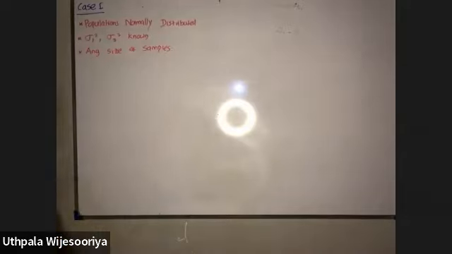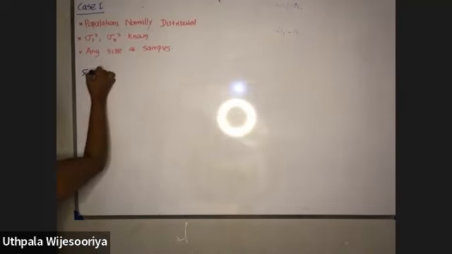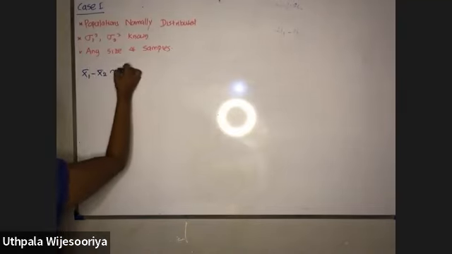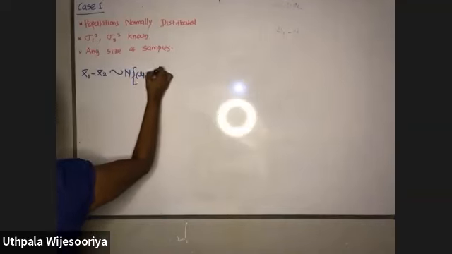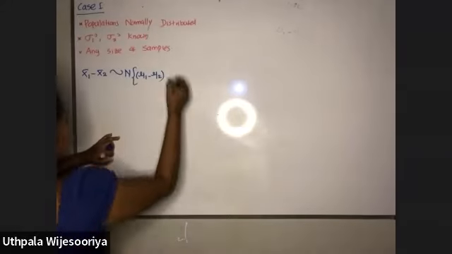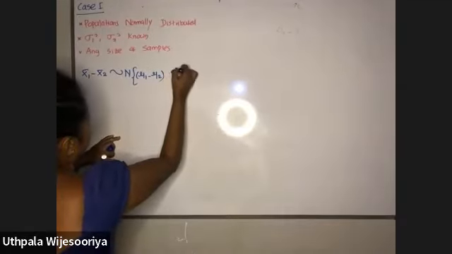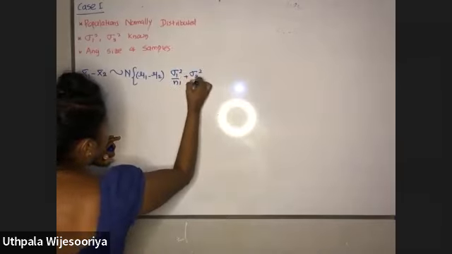So what is the distribution? The sampling distribution of the difference between two sample means is normally distributed with mean mu1 minus mu2. The variance is sigma 1 square over n1 plus sigma 2 square over n2.